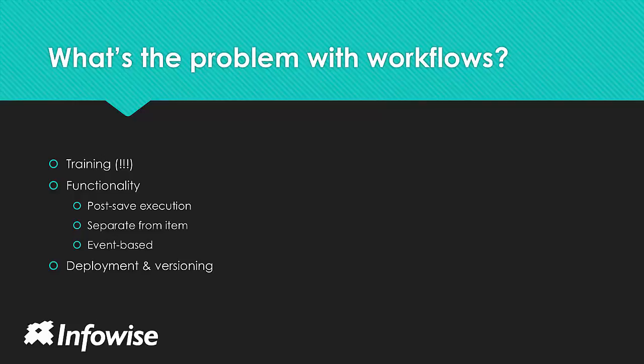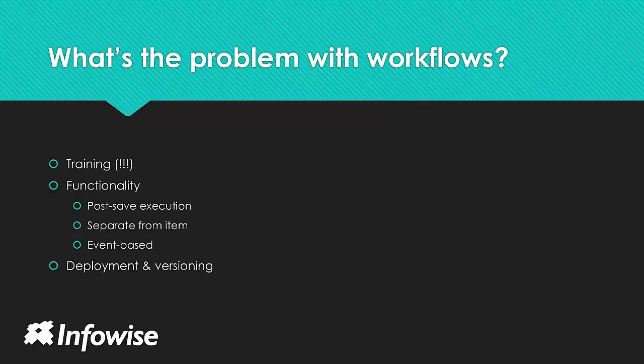But there are also some limitations to the workflow model in SharePoint on its own. First of all, workflows are executed after the actual event that triggered them happened. For example, you updated an item that caused the workflow to run, but the item has already been updated. There's no way of preventing that from the workflow.